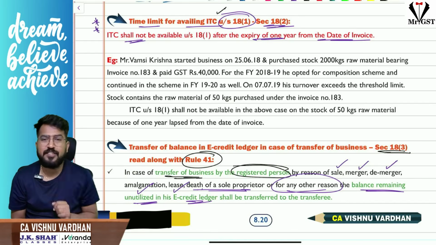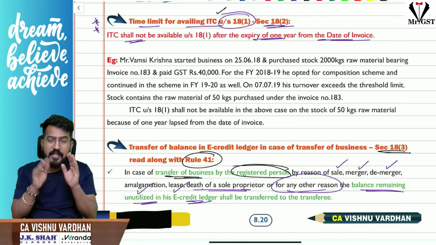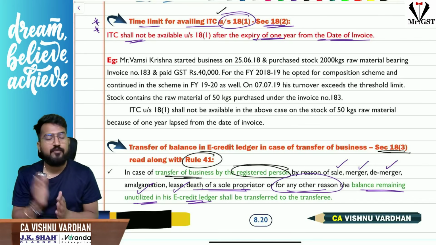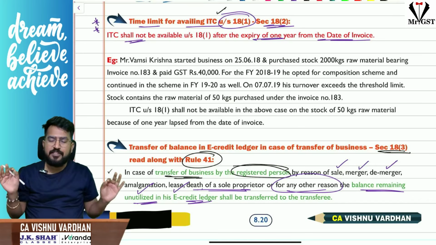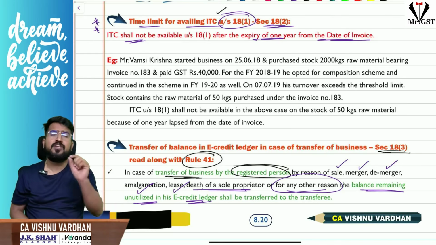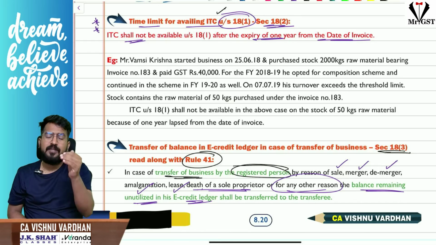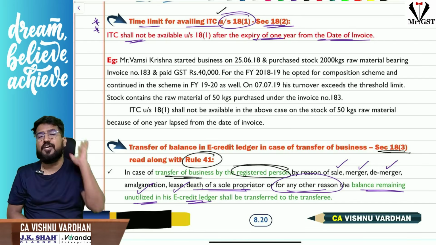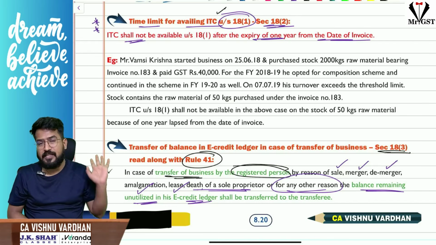But 18 subsection 2 gives the time limit if you are claiming ITC under 18 subsection 1, so you should definitely follow the 18 subsection 2 time limit. In short, if you want ITC on inputs and capital goods under 18 subsection 1, you should have that purchase within 1 year. Only for purchases of inputs or capital goods within 1 year can you take ITC. More than that you cannot take ITC. Am I clear with that?